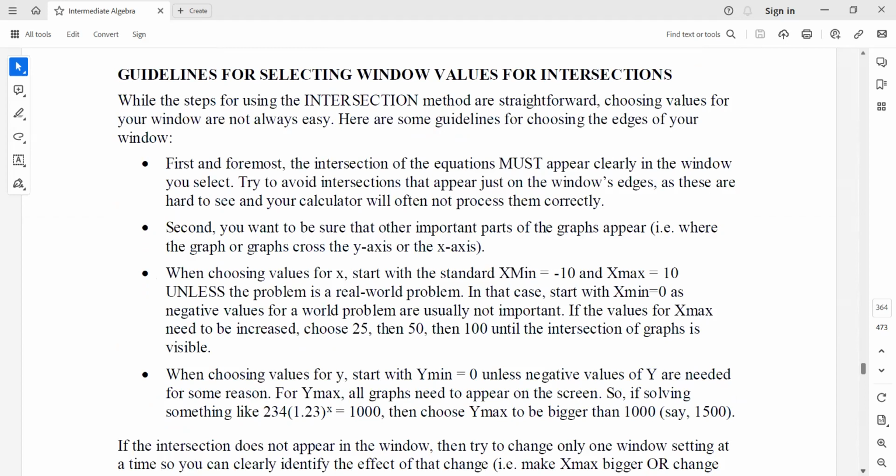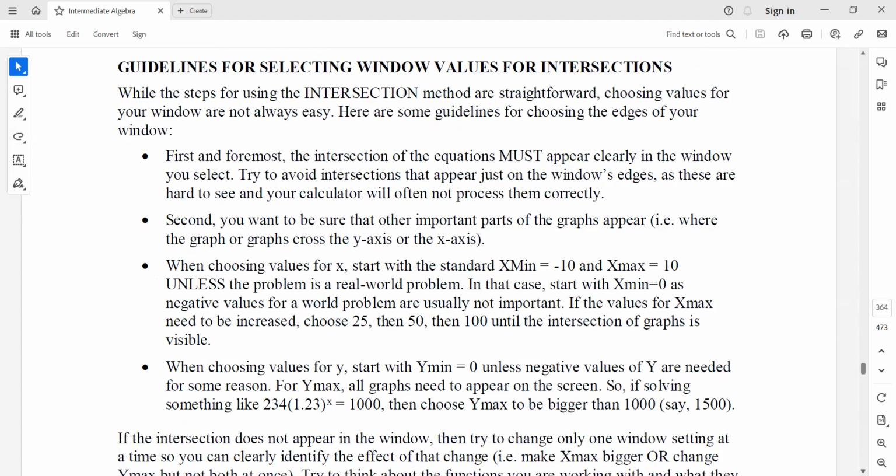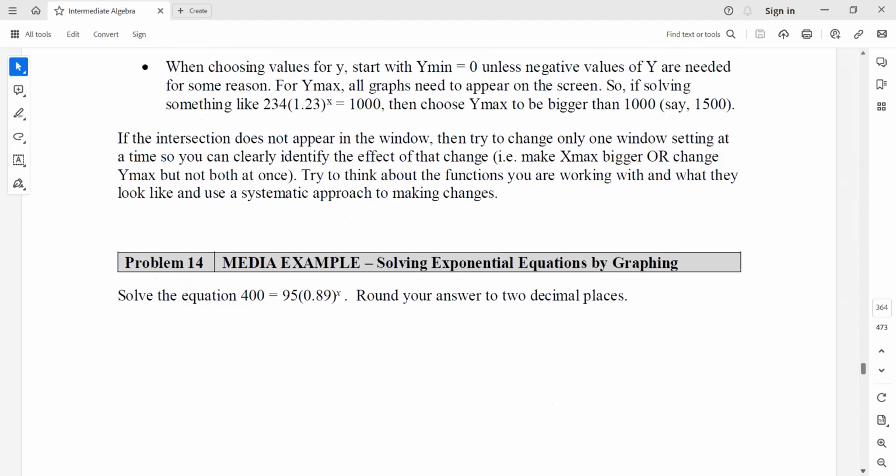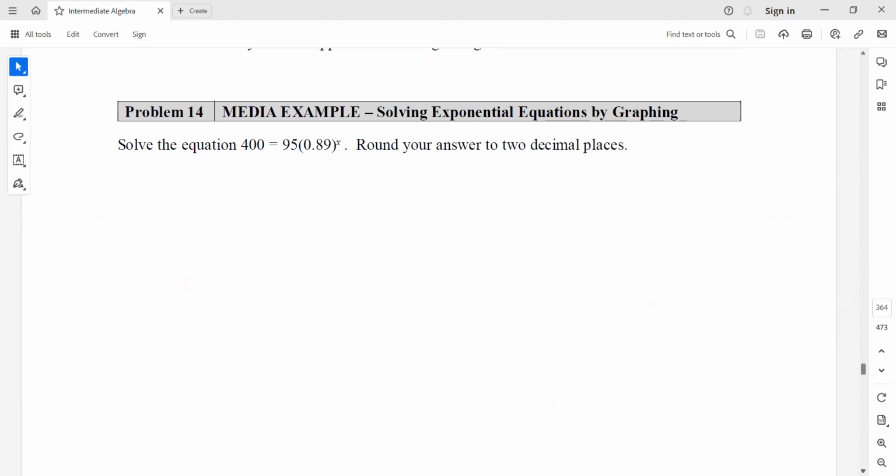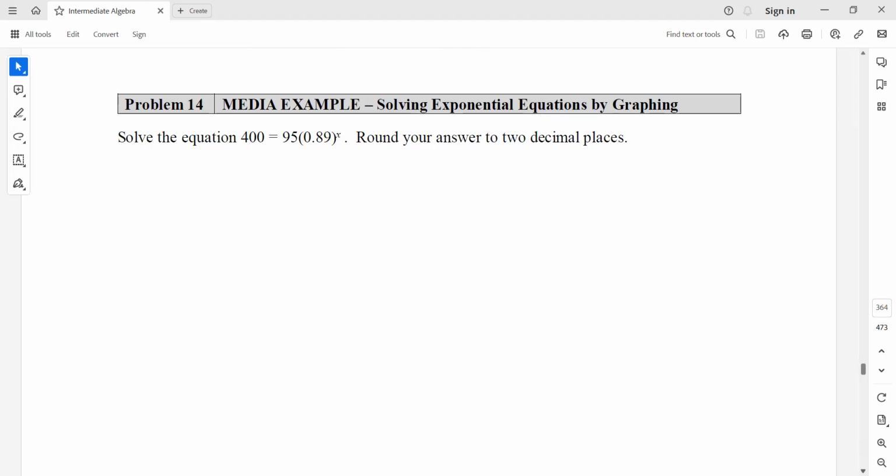There are some guidelines that you should remember. I'm going to be talking about some of them as I go through the problems, but please read through the guidelines. It's going to help you. The first one is a media example, so I'm not going to worry about that one. My hope is that you watch the video.